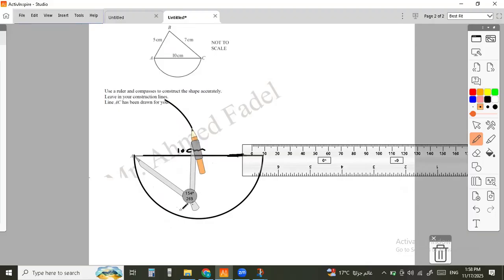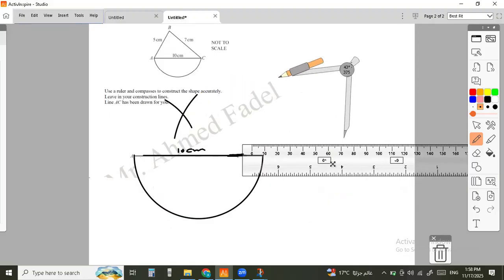And you go over there, but I need to open it back to 7 centimeters. Make it 7 centimeters. And then you go to this point, and you draw the 7. Here you go.